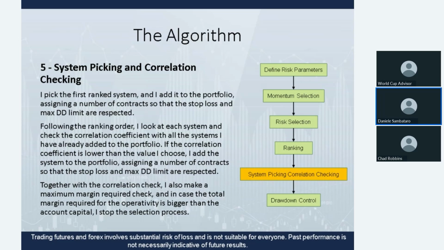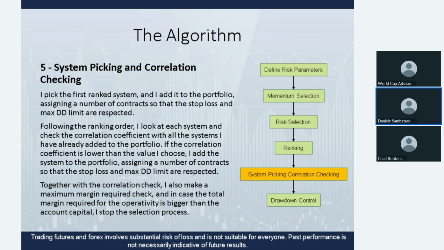Following the ranking order, I look at each system and check the correlation coefficient with all the systems I have already added to the portfolio. If the correlation coefficient is lower than the value I chose in step 1, I add the system to the portfolio. If it's bigger, I exclude the system just for that month.